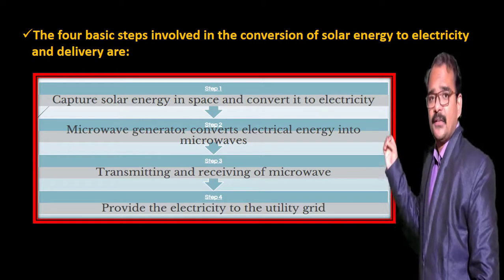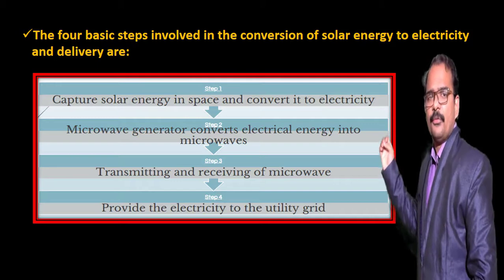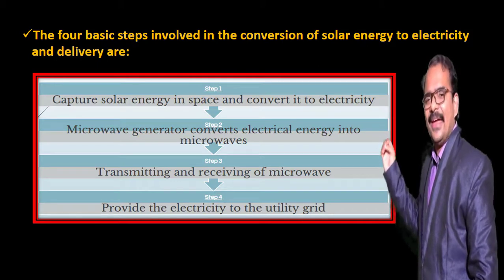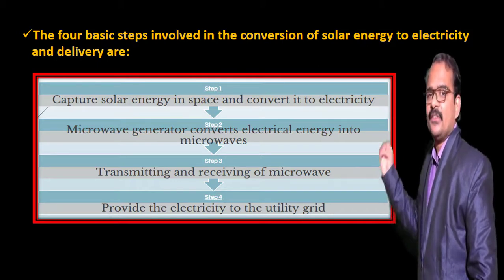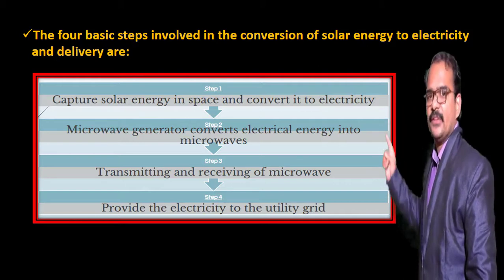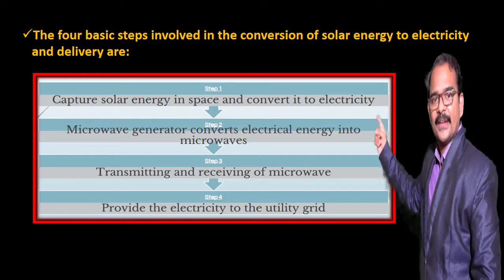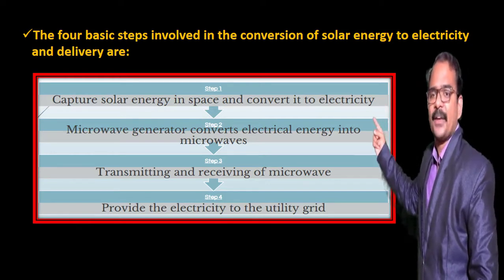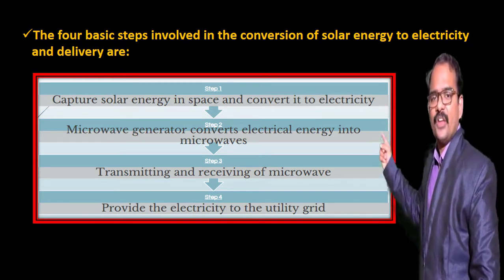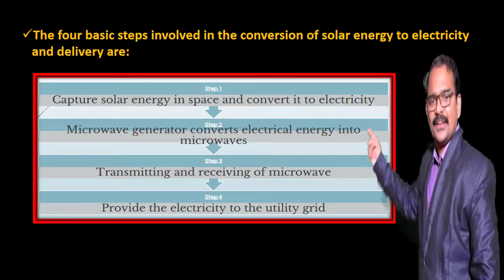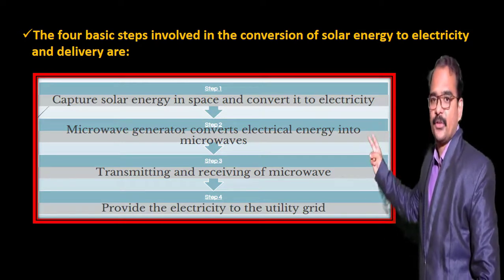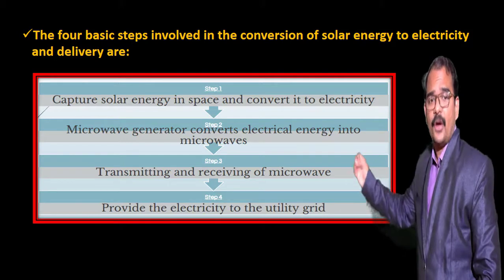The complete process of conversion of solar energy to electricity and its delivery to the grid consists of 4 different steps. The first step is to capture the solar energy in space and convert it to electricity by means of solar panels. Then a microwave generator converts the electrical energy into microwaves, and then comes transmitting and receiving of microwaves.